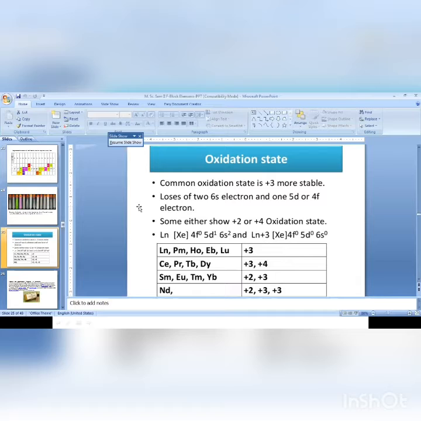The stability of these oxidation states wholly depends upon acquiring the 4f0, 4f7, and 4f14 configurations respectively, that is a completely empty, half-filled, and completely filled electronic subshell. Also, we have seen that these elements show the common oxidation state as +3.